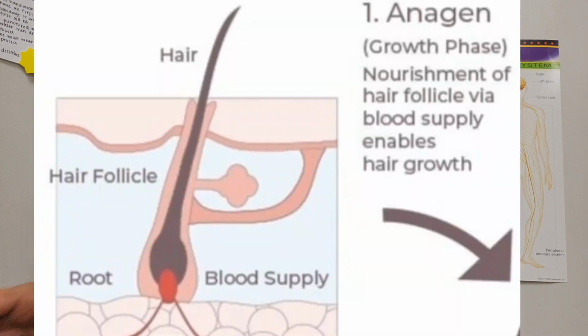Now, the anagen phase is the first step or the first process of hair growth. This phase can last from 1 year up to 6 years. Some scientists will say that it can last for about 7 years. Some will say 8 years. Some would even say 10 years.